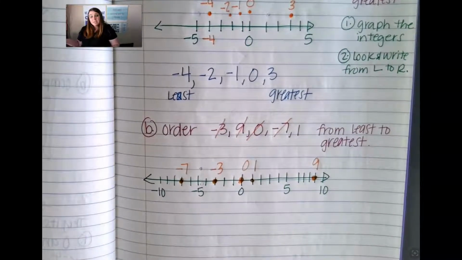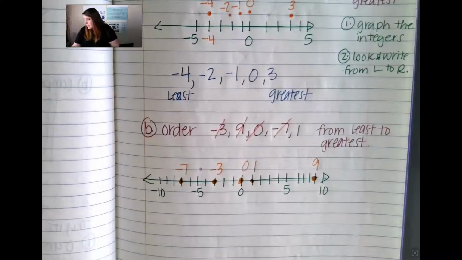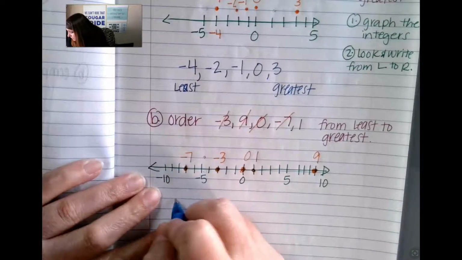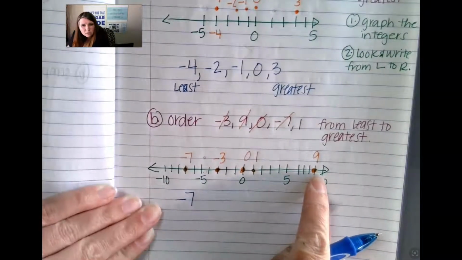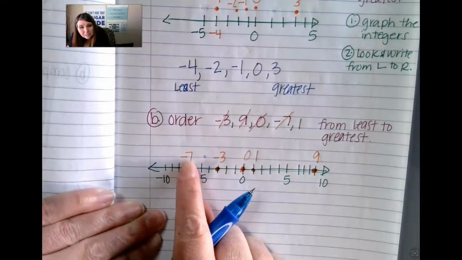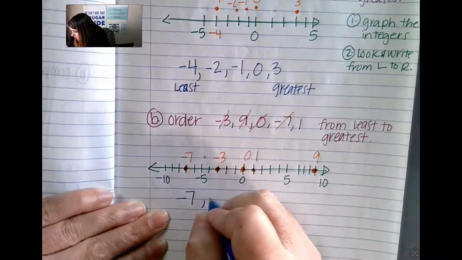Okay, now I need to look and write from left to right. So I'm going to take my numbers on the left. The furthest one that I graphed was negative 7. Even though 9 is farther from 0, this one has a negative sign. So this one is the smallest number. It's on the left.